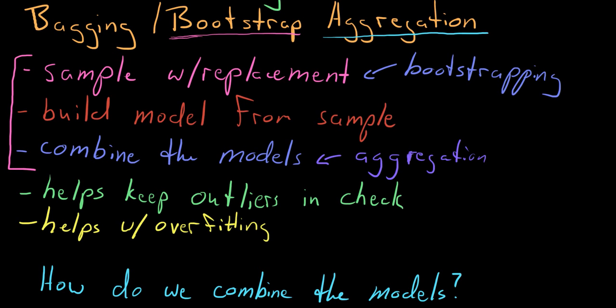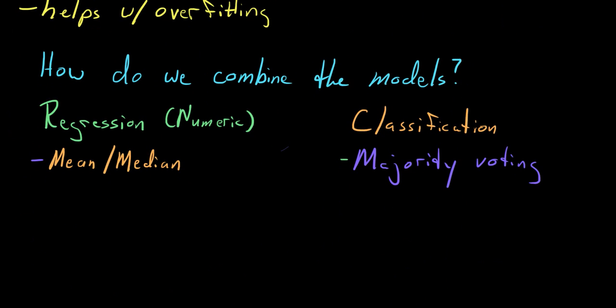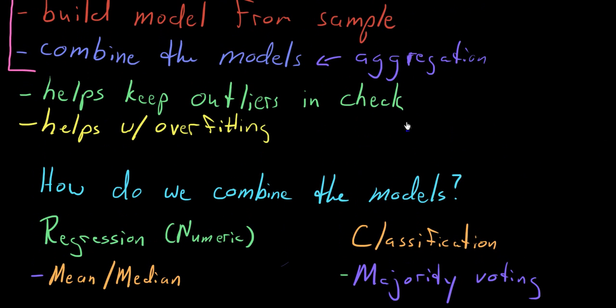We do some aggregation, and then we talked about how exactly we combine these models. If it's a numeric output, if we're doing regression, we take the median of the different models. If we're doing a classification like a J48 or an SVM, we have majority voting. So we get an output, we get a classification, and then we vote on those. And then the whole reason we want to do this in the first place is because we can keep outliers in check, and we can help with overfitting.